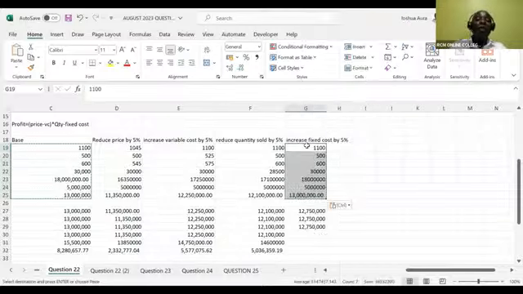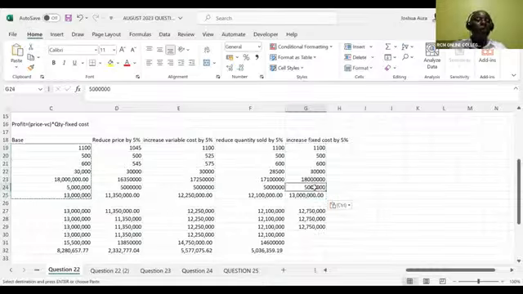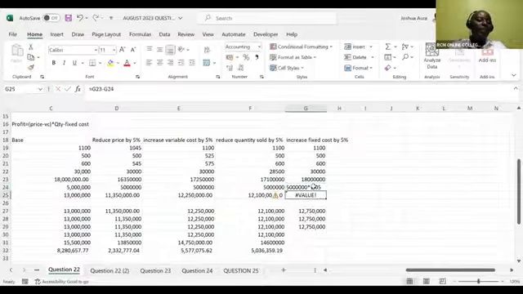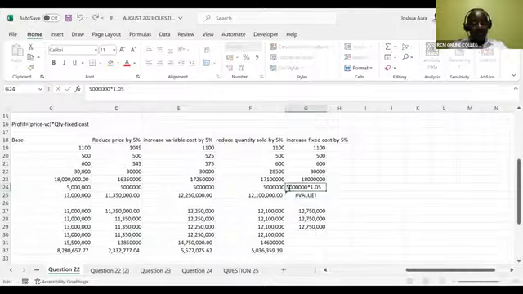And then now, because I'm only changing fixed cost by 5%, I came to this 5 million, the fixed cost figure, all right? Made it live by saying F2. Then I said I'm increasing this by 5%, so times 1.05. Of course, it can't go anywhere if I don't say equals here. If I say enter, it will just remain like that. To evaluate it, you must come and tell us equals.